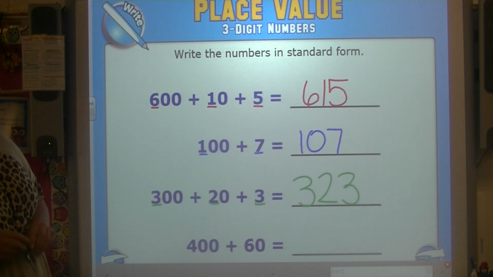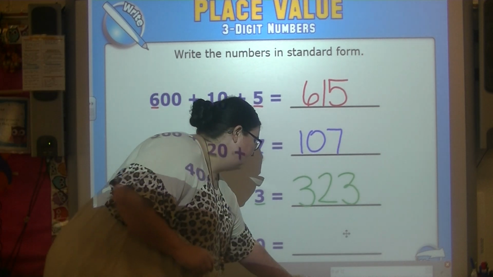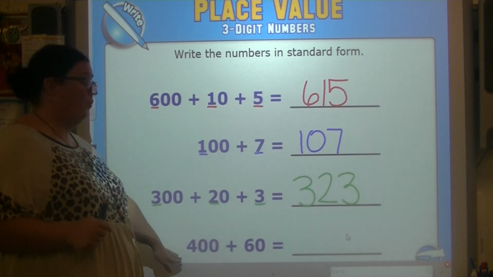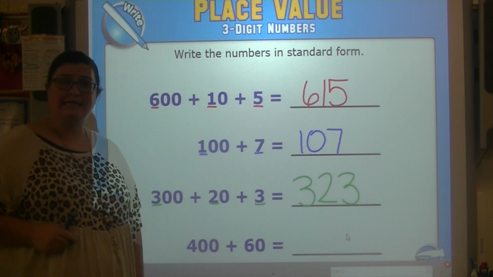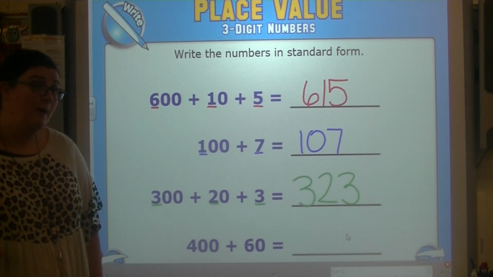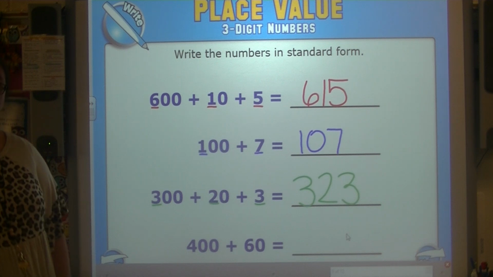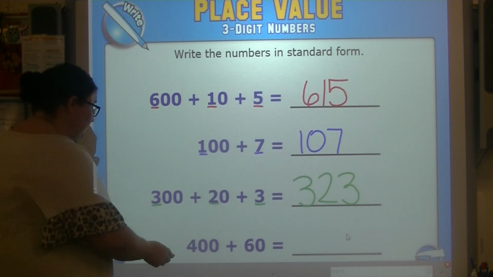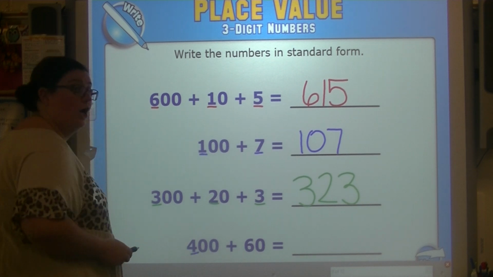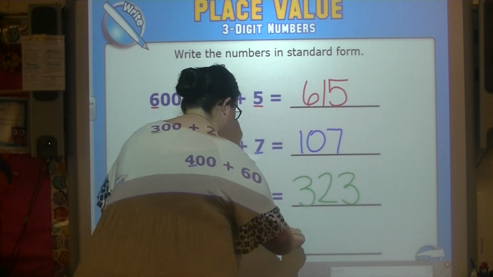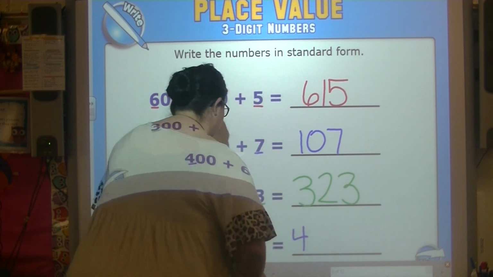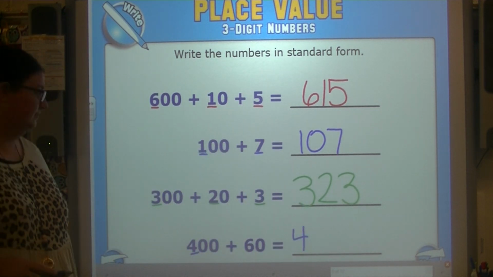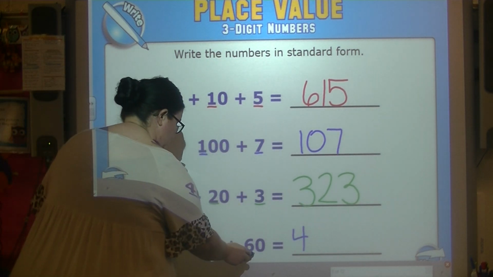All right, and the bottom one. We have 400 plus 60. We only have 2. Let's look at it. How many hundreds? We've got 4 hundreds. Plus how many tens? 6.